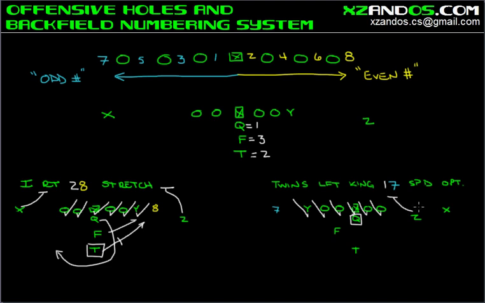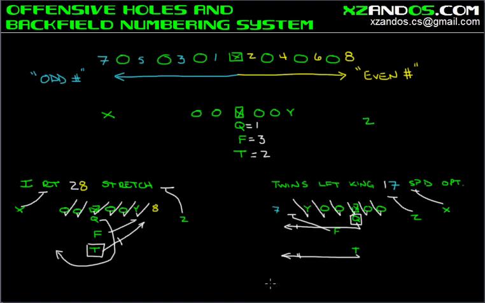We would try to go chase a linebacker, chase a safety, and then my fullback would go to the shelf, and then my quarterback is going to drop step, and we are running option, speed option, out to the 7 hole. Option 1, option 2 on the pitch. Twins left, king, 17, speed option.